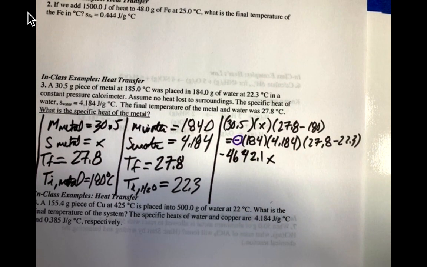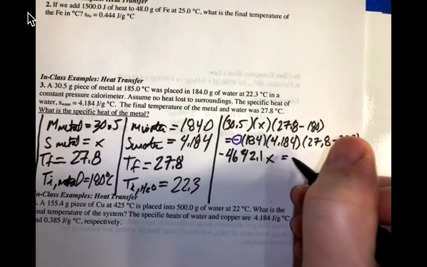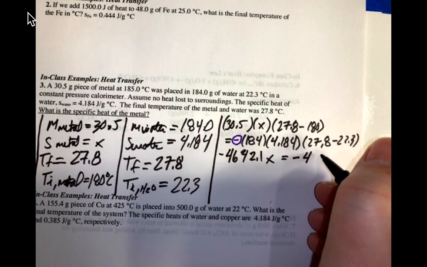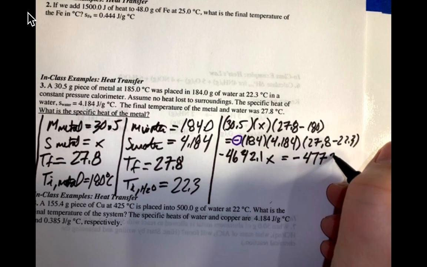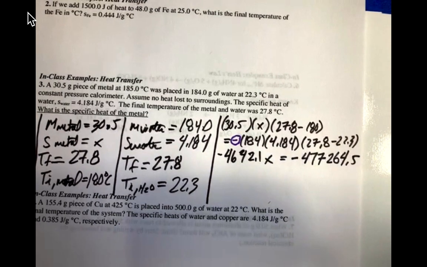And then all of this is just math, no algebra down here. So I'm going to do minus 1 times 184 times 4.184 times parentheses 27.8 minus 22.3 close parentheses, equals minus 477,264.5.